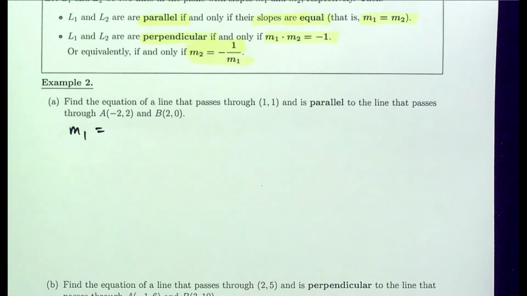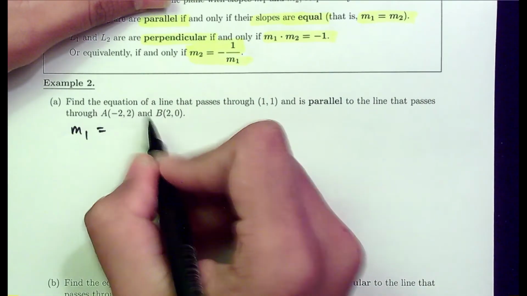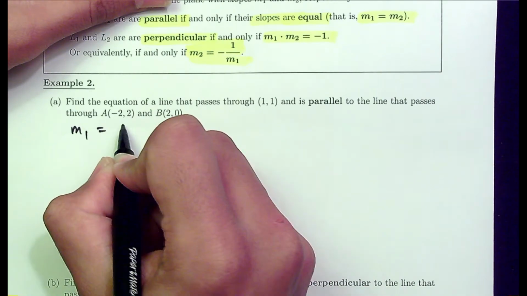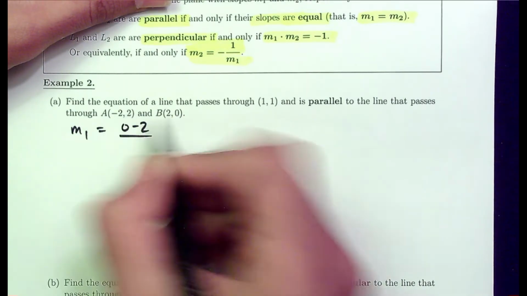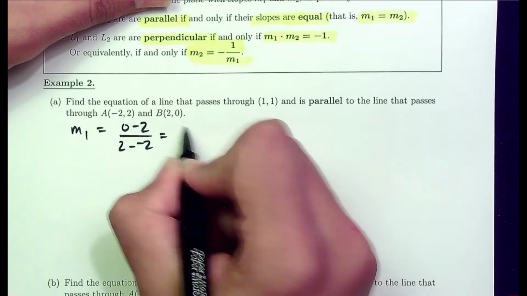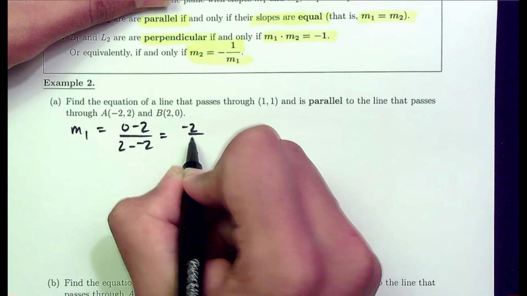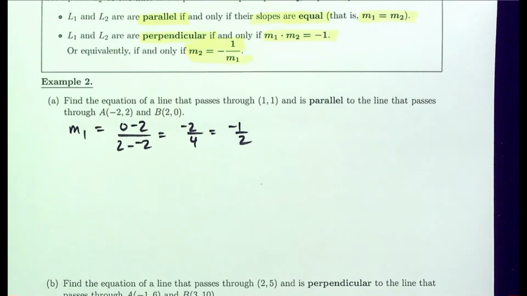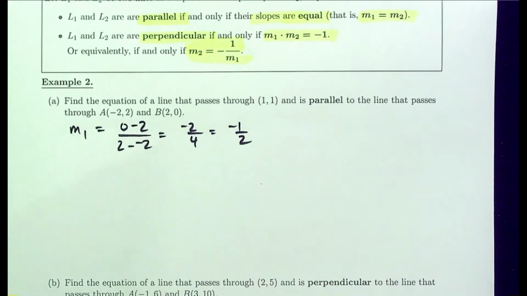Using the formula rise over run, the slope of the line that passes through A and B is, subtract the y's, so 0 minus 2, over subtract the x's, 2 minus negative 2. So this is negative 2 over positive 4, which simplifying is negative a half. Okay, so the slope of the line that passes through AB is negative a half.